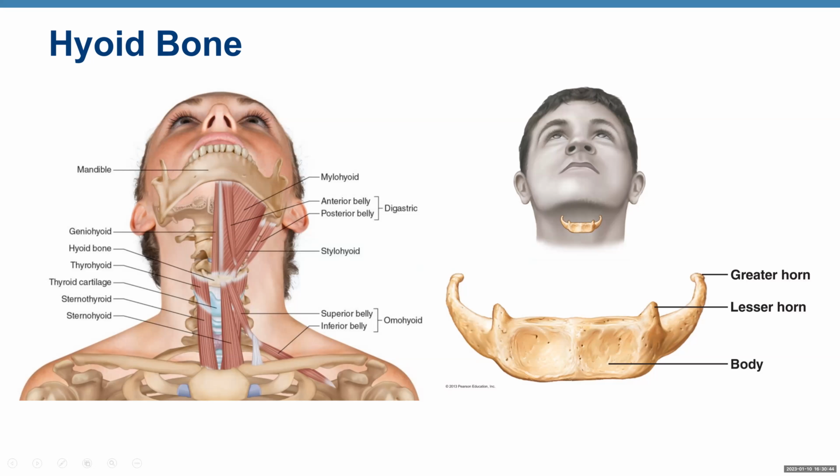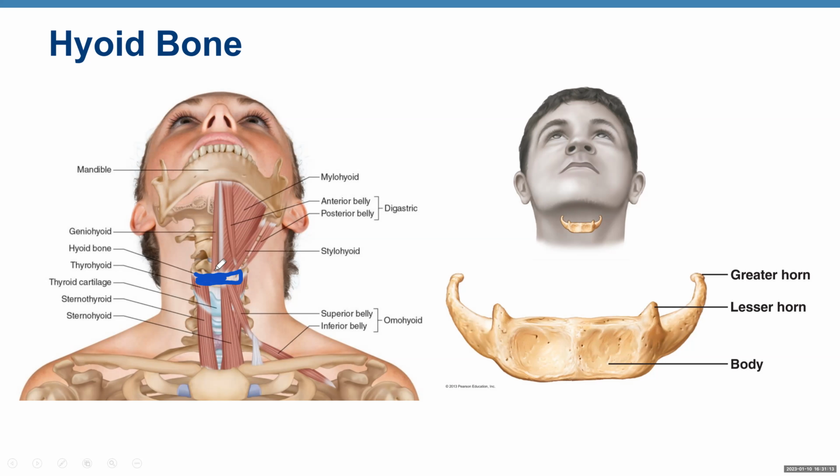Hyoid bone is not really part of the axial or appendicular skeleton. It's just a small bone found in your cervical region. So this is how it looks like. It has a greater horn, a lesser horn, and a body of the bone. Hyoid bone is very important because it's a point of attachment for many, many muscles.